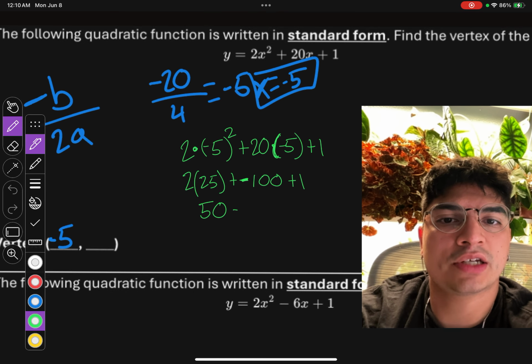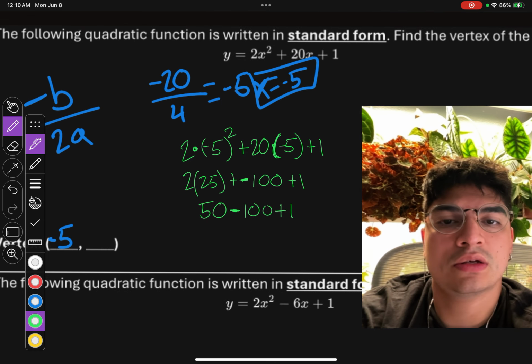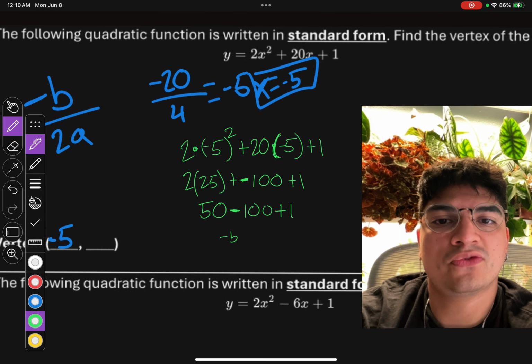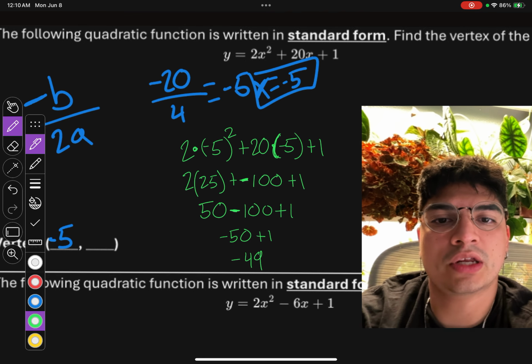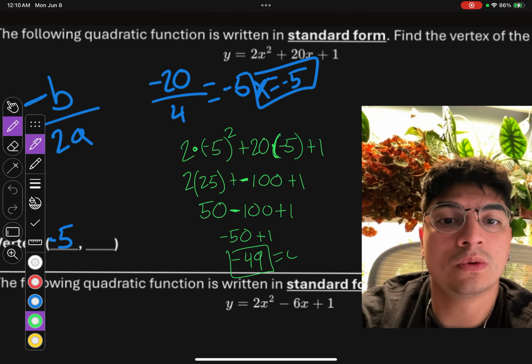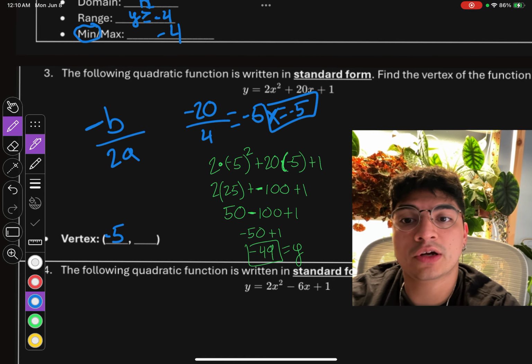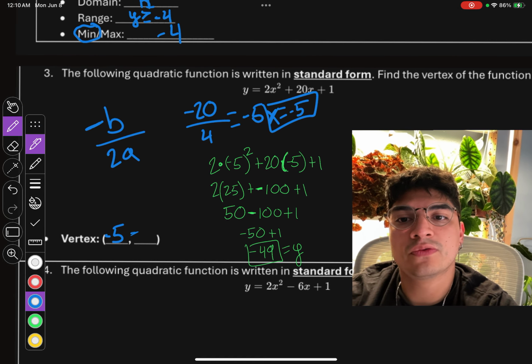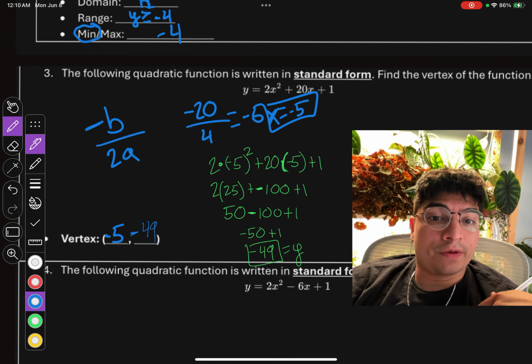We get rid of that plus sign, do 50 minus 100 plus 1. So we're going to have negative 50 plus 1, which gives us negative 49 as our y. So our point is (-5, -49). Okay, that's our first one.